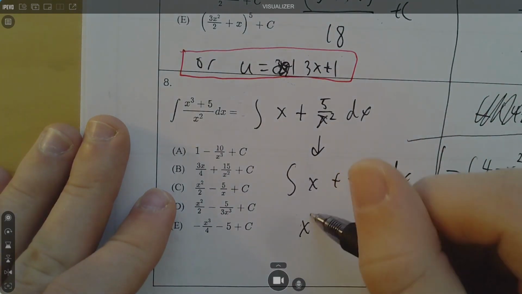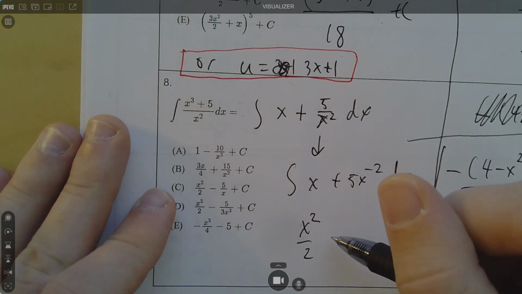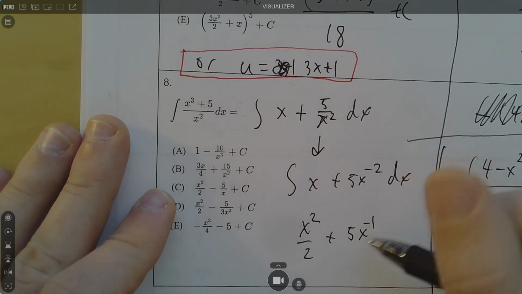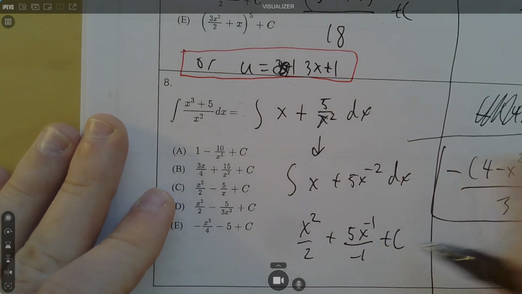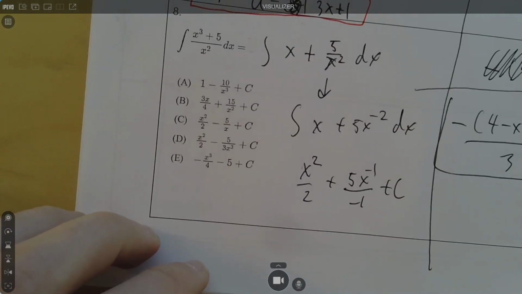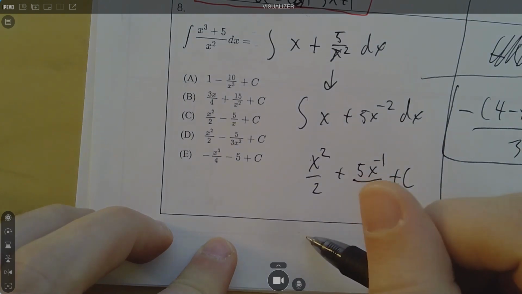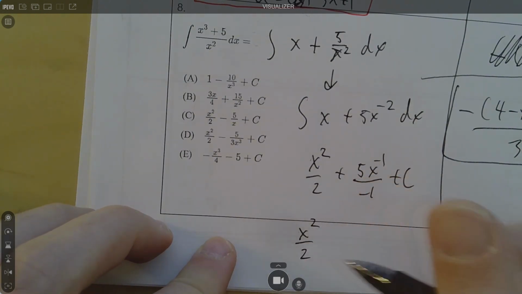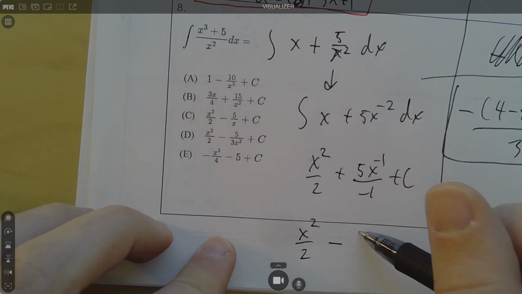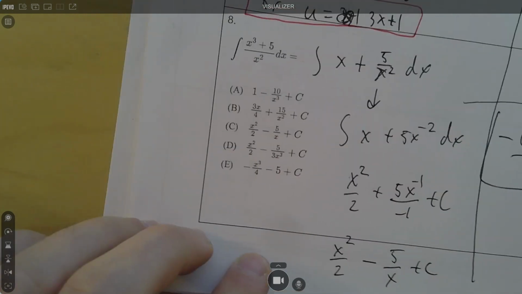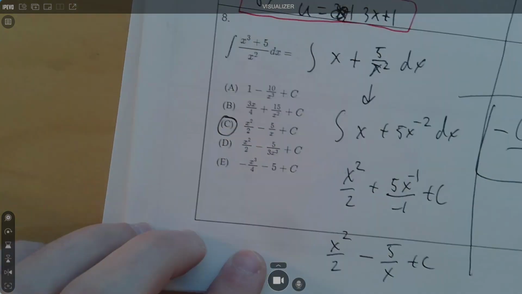That is x squared over 2 plus 5x to the negative 1 over negative 1 plus c. Okay, it's just reverse power rule. Then I can just rewrite this. This is going to be x squared over 2 minus 5 over x plus c. So it is c. Okay.